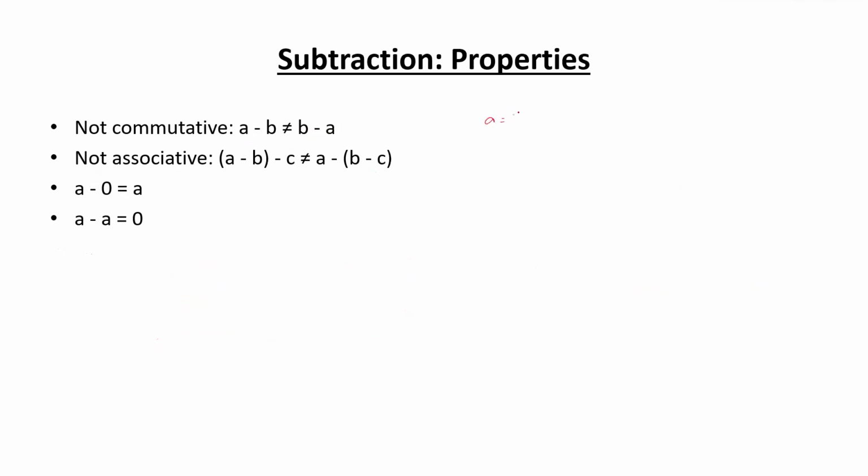Let me take a is equal to 7 and b is equal to 2. Is that fine? So now a minus b means 7 minus 2. That is equal to 5, right? Now what is b minus a? B is 2 and a is 7. First of all, you will see that you cannot subtract 2.